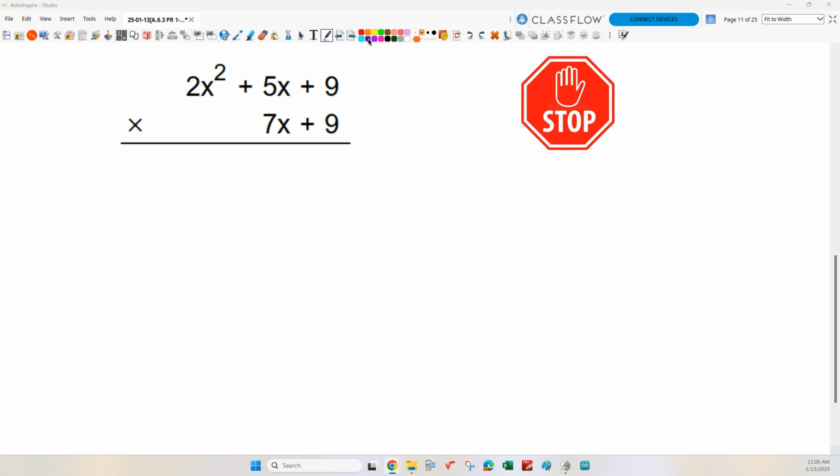If I multiply the 9 through first, 9 times 9 is 81. 9 times 5x, 45x. So that's a positive 81 right there. We get a positive 45x. 9 times 2x squared, 18x squared.